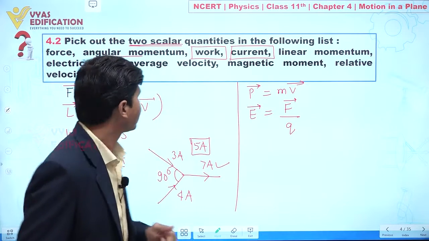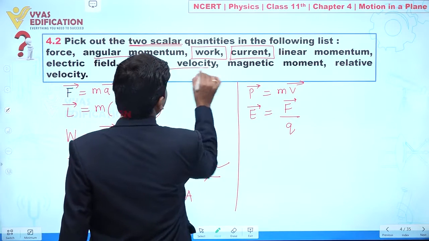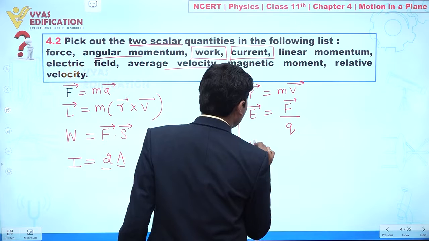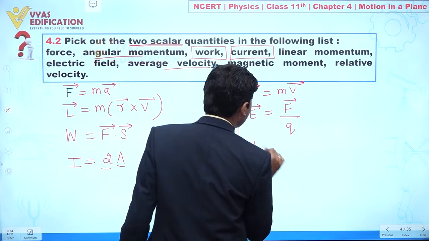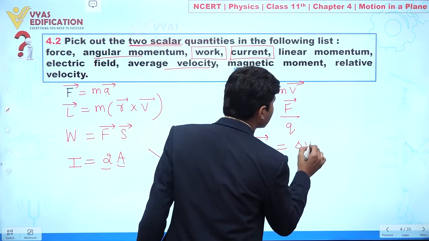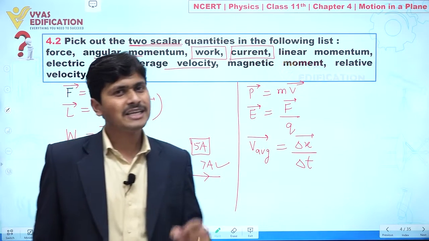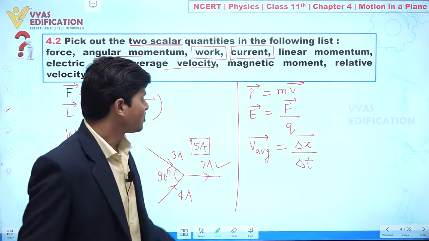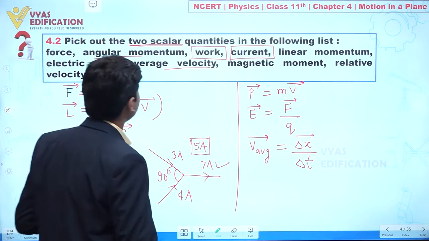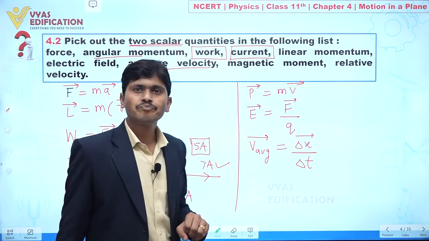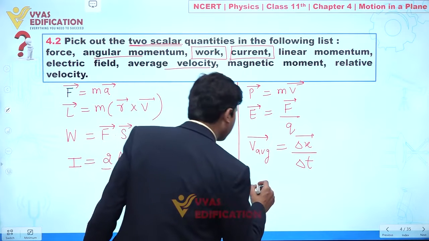Clear to everyone? Yes. Now if we talk about average velocity, it is defined as total displacement upon total time. Clear? Now we know displacement is a vector quantity, so this is also a vector quantity. Fine. Magnetic moment, how can we define magnetic moment?